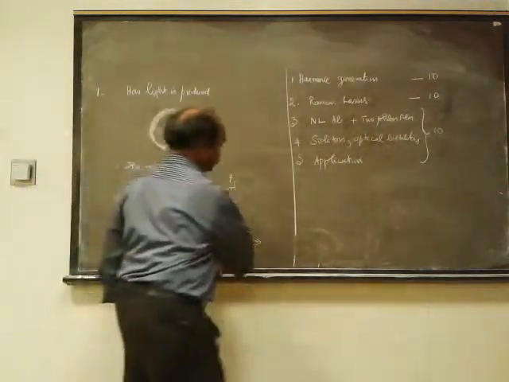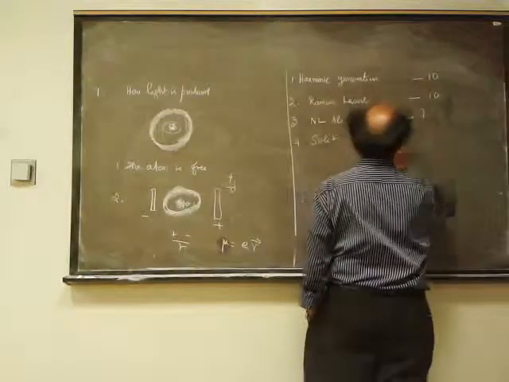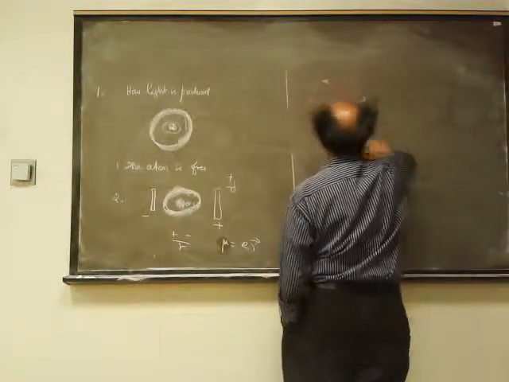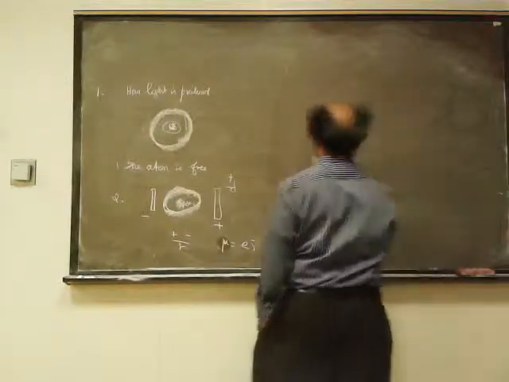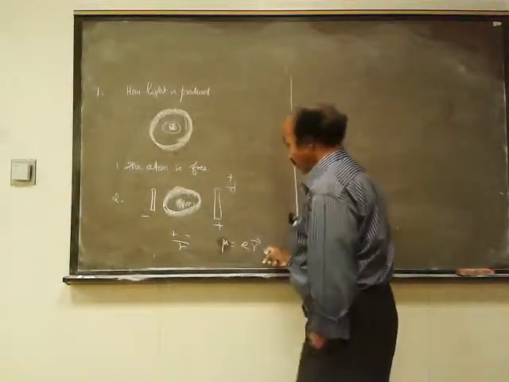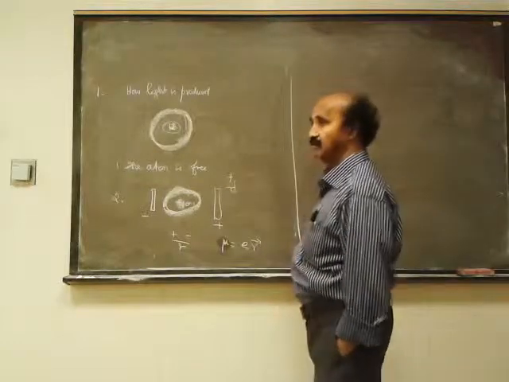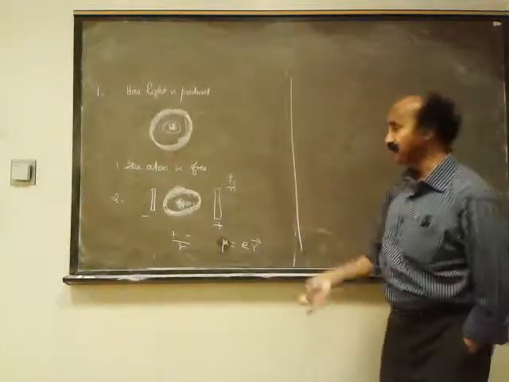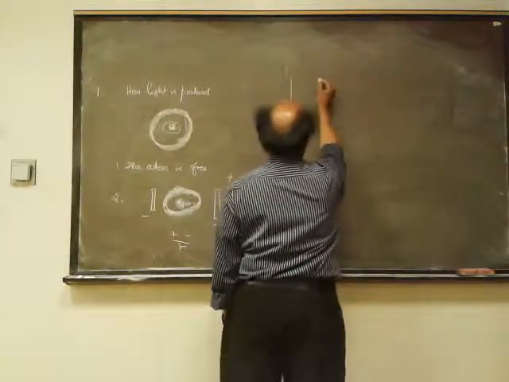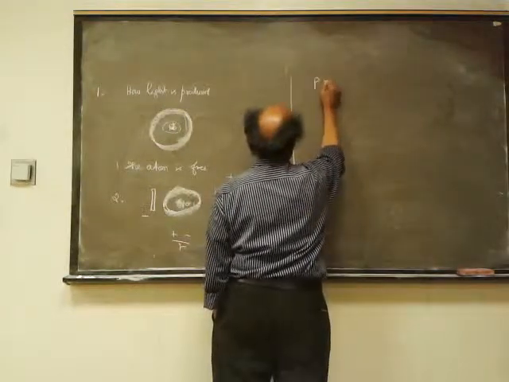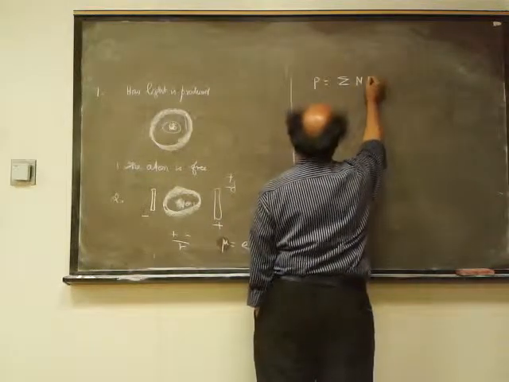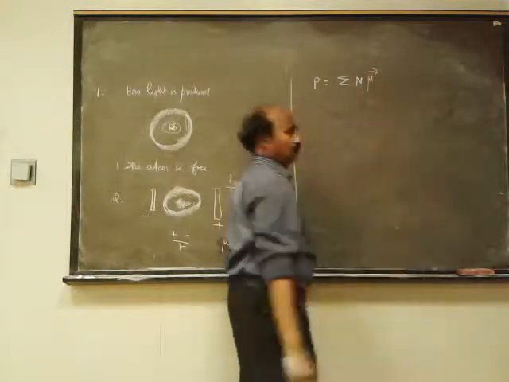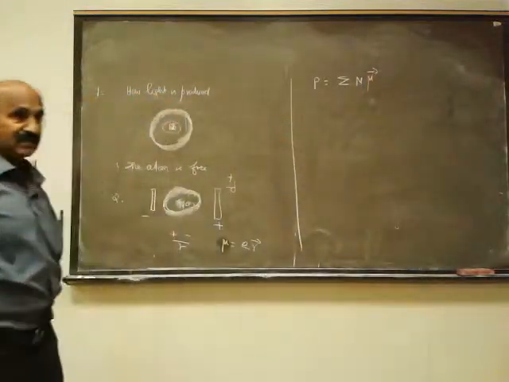Next step. This is for only one atom. Suppose there are millions of atoms. P is the vector sum of n mu. Why do we say vector sum?